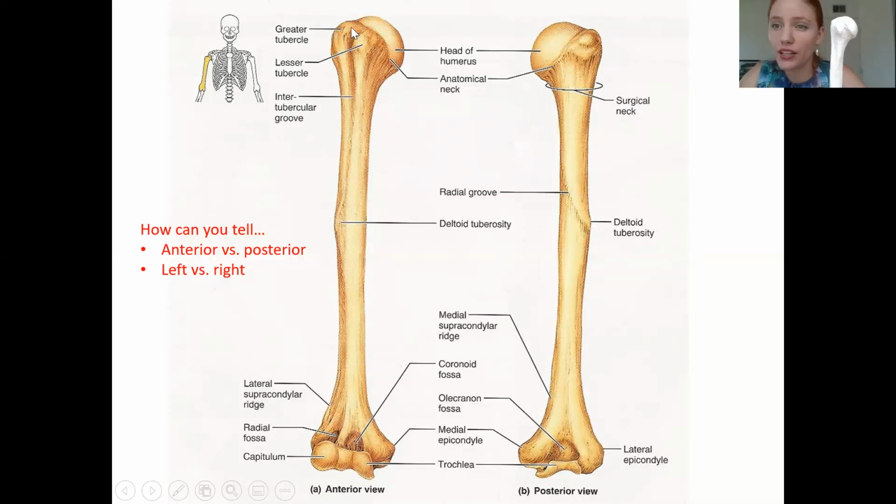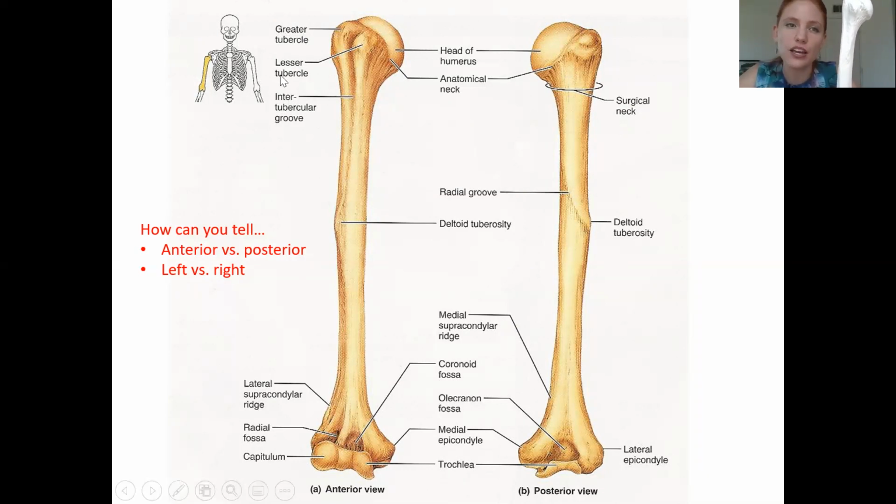The big one is called the greater tubercle, and the greater tubercle kind of wraps around to the posterior side. So here is the greater tubercle. If we have the greater tubercle, what is the slightly smaller one more anteriorly? That is the lesser tubercle.